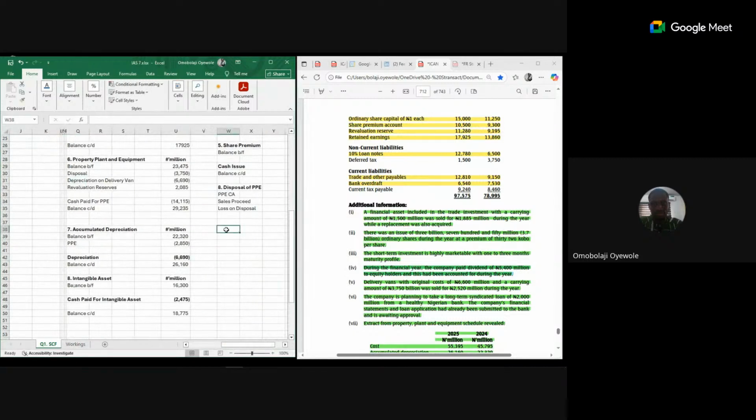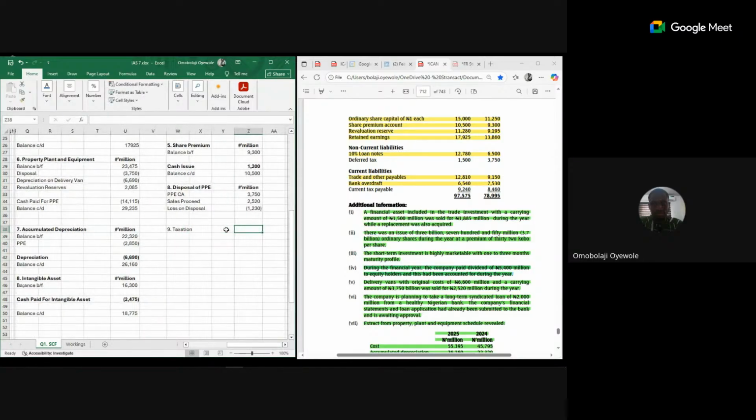So taxation. Balance brought forward for tax. Remember I said it can be current year tax. You can see we have current tax payable, and you can see we have deferred tax, right?